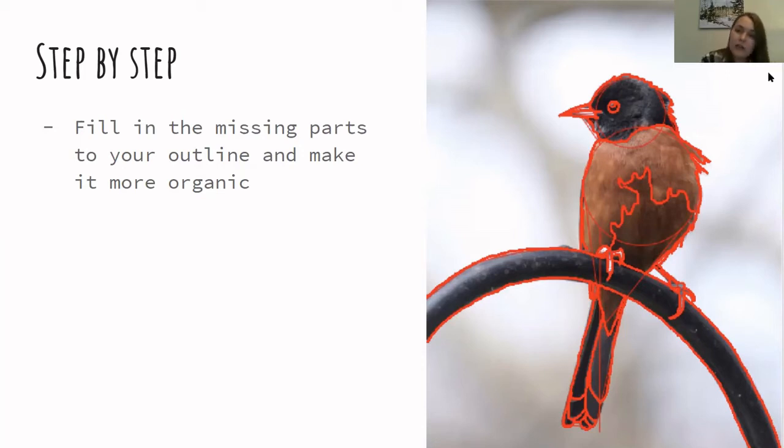Oh, I also indicated this line right here that broke up the orange and the black, if you want to indicate that line as well. That will help you later on in some other steps if you do that, and it's easier to do that now than after we've erased our marker lines.